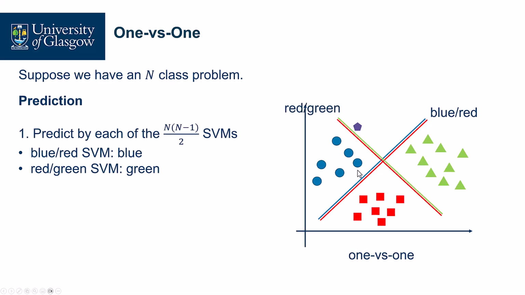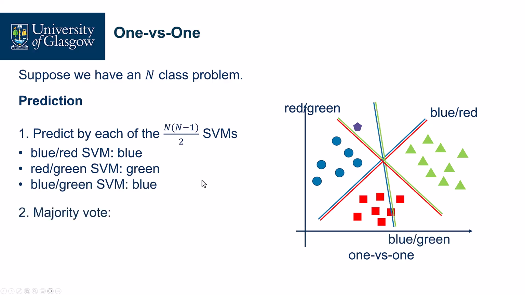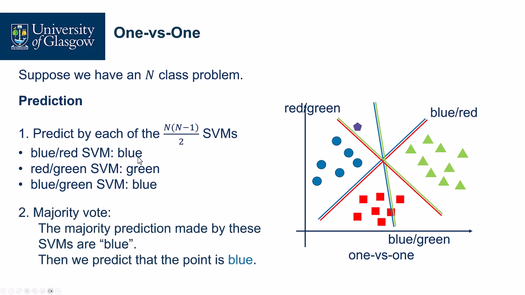Okay, I predict it to be green. Then I use the blue-green SVM. Okay, I predict it to be blue. Then we use a majority vote rule. Among the three, 2 of them predicted blue, so the result is blue, right? So with one versus one plus majority vote, we can also do multi-class classification using SVM.